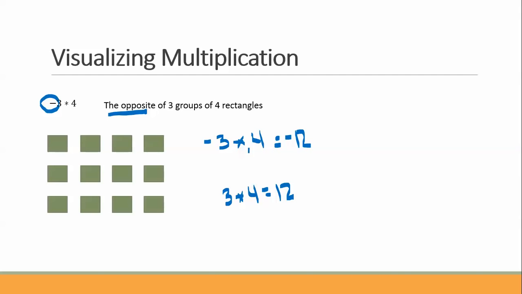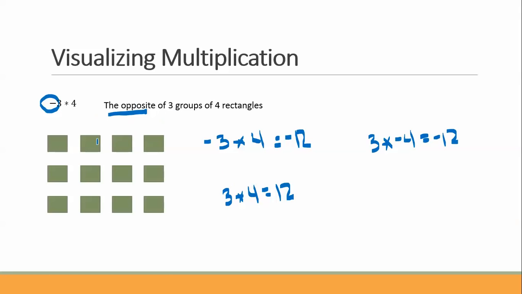So negative 3 times 4 is negative 12. That makes sense because we know that our multiplication property is commutative. So 3 times negative 4 is negative 12. We just found that from the previous slides, and negative 3 times 4 is negative 12.